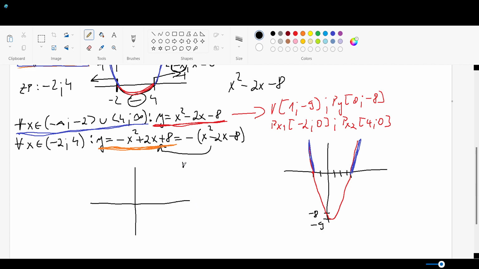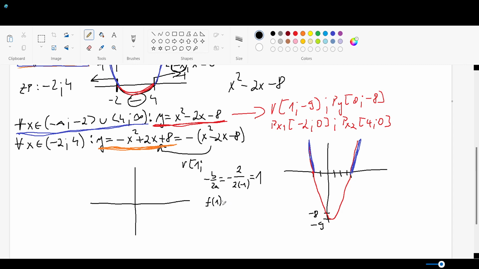To sketch the parabola, we have to find the coordinates of the vertex, and let me just calculate it for you: -b over 2a, which is equal to -b is 2, and 2 times -1, which is equal to 1.